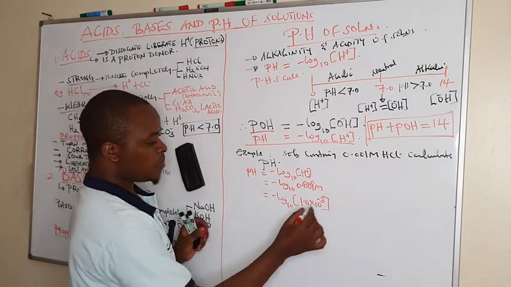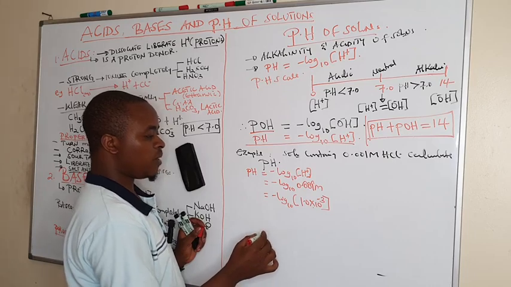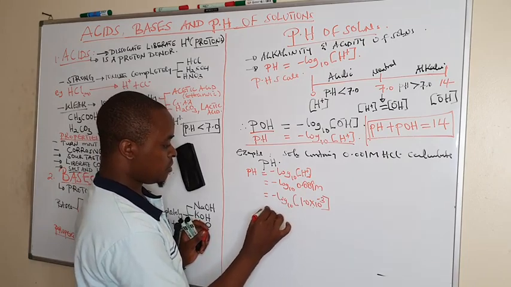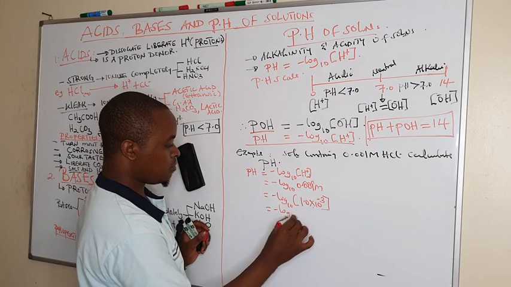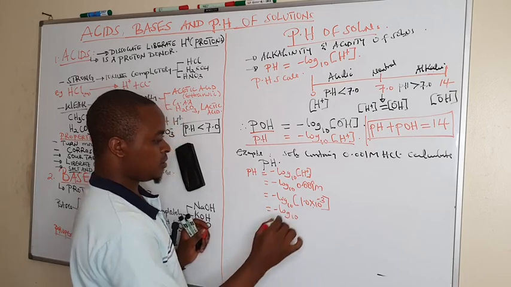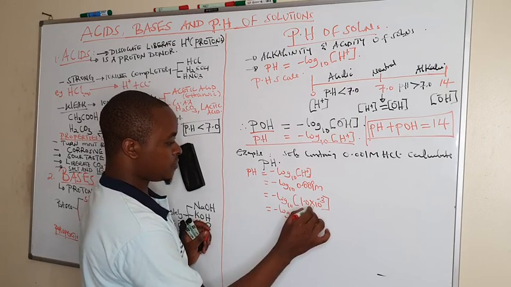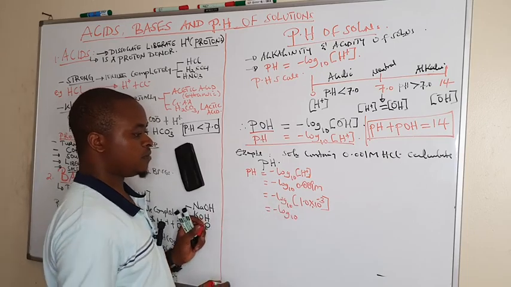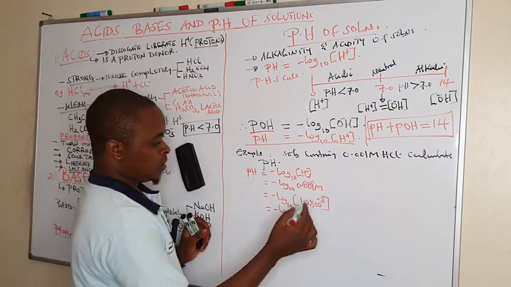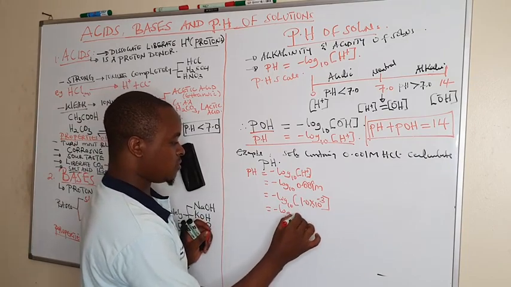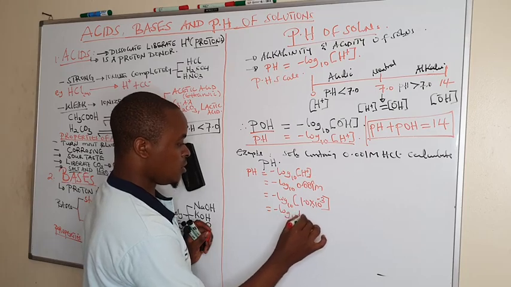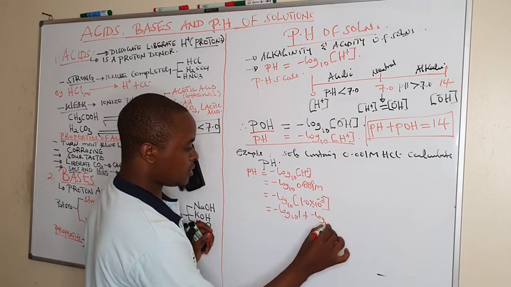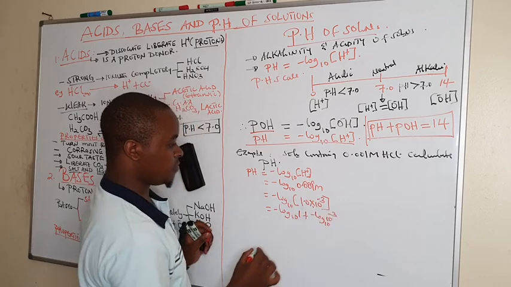Then here we apply the rules of logarithms, whereby it is going to become negative log base 10. When we are multiplying and the bases are the same, we add. So it is going to be 1 plus negative log base 10 of 10 to the negative 3.